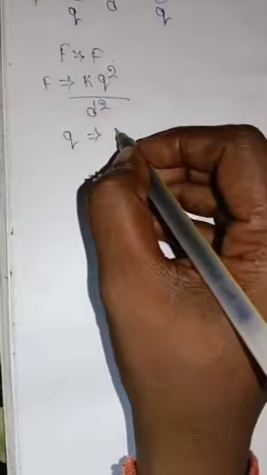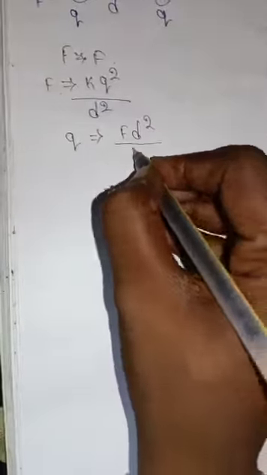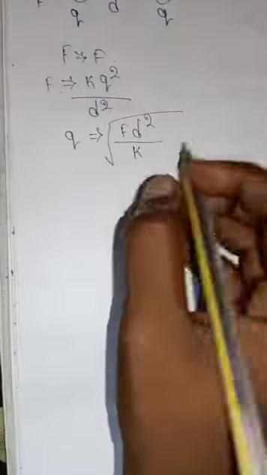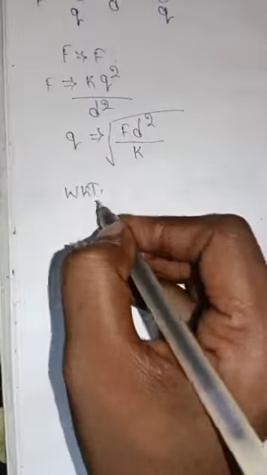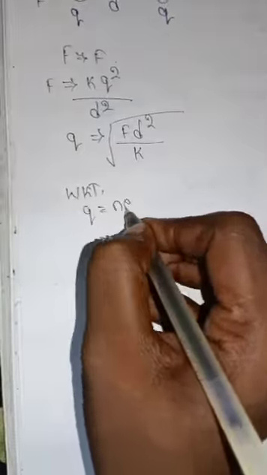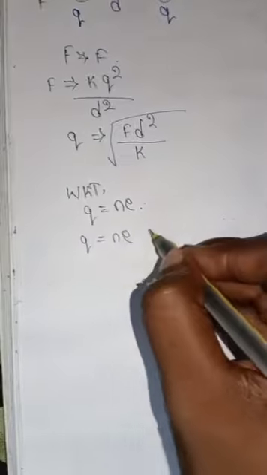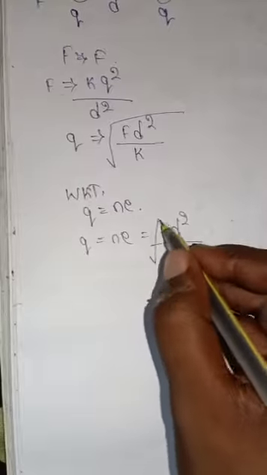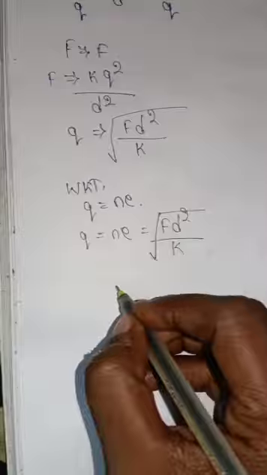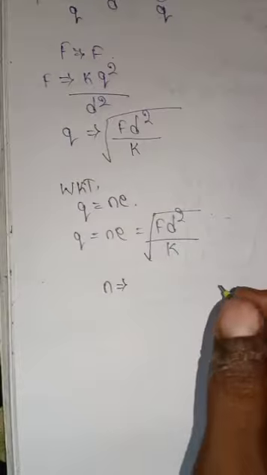Charge is equal to under root F d square divided by k. So we know that q is equal to n into e. So q is equal to ne is equal to under root F d square divided by k. So they ask to find the number of electrons missing from each ion.